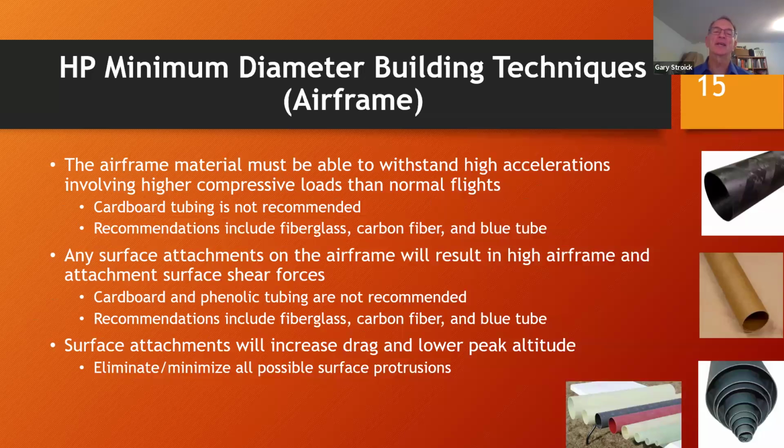However, in this case, if you want to do that, it could be done. But remember, we're really close to the H-class limit here with that motor we've selected. So I'd consider using some of these other materials instead. We don't want you to have pieces of that rocket shearing off during the flights, because those are hard to see, and it creates a safety issue if pieces are coming off and coming down if you can't see them.